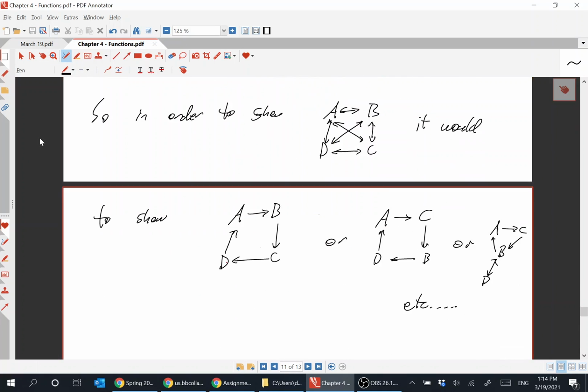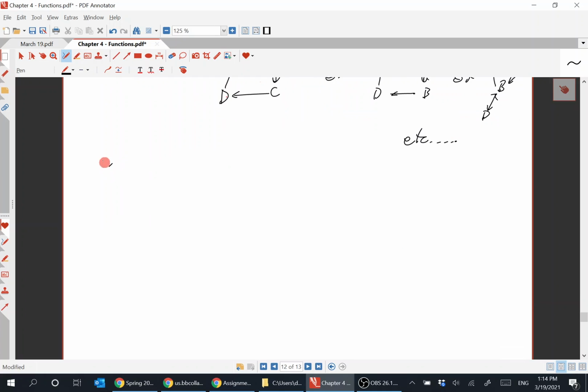So the example, which we'll prove next time, is as follows. Let D and R be finite sets. So finite sets, not infinite.